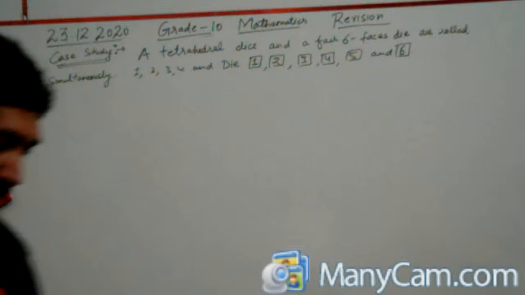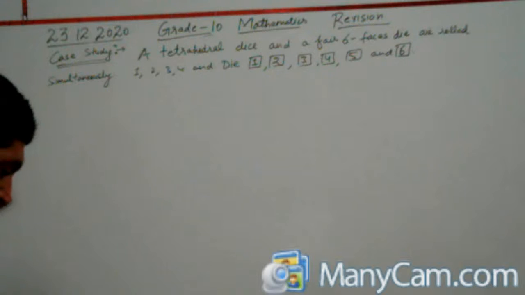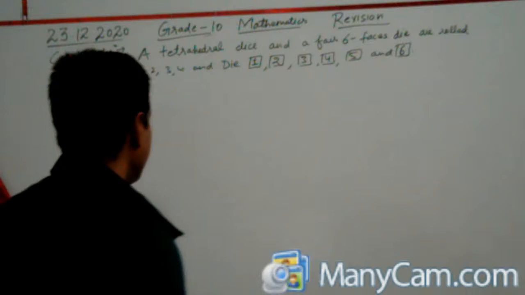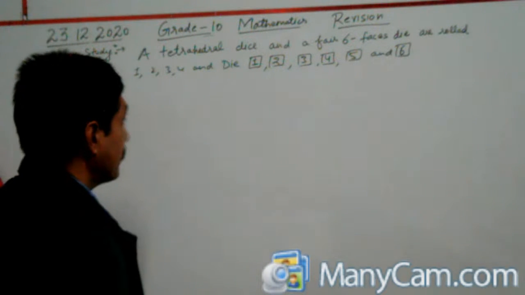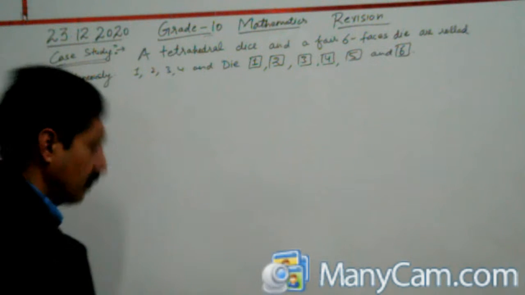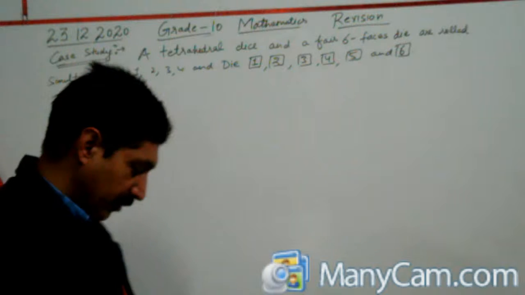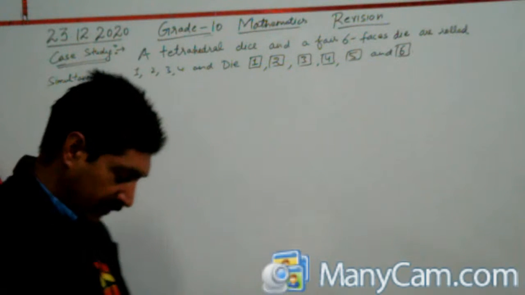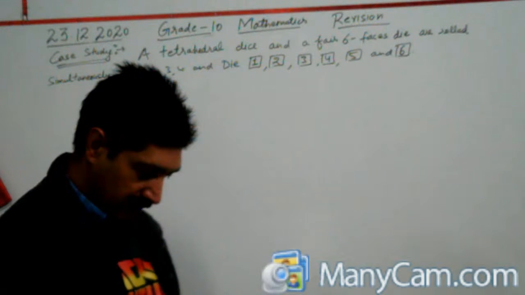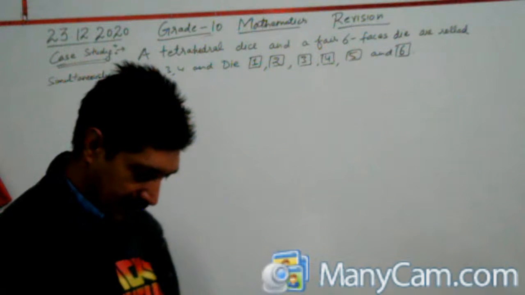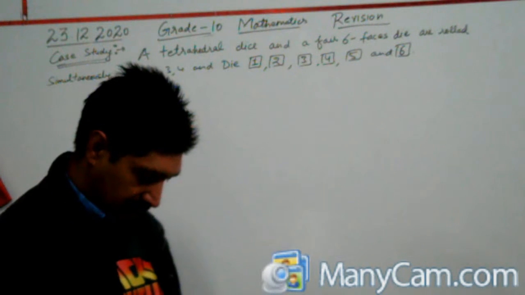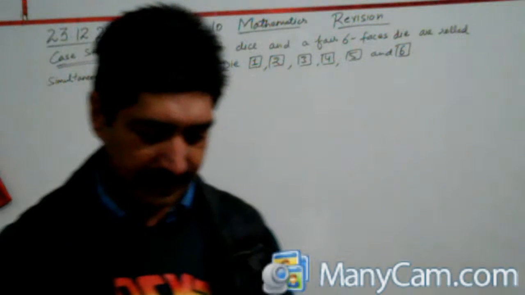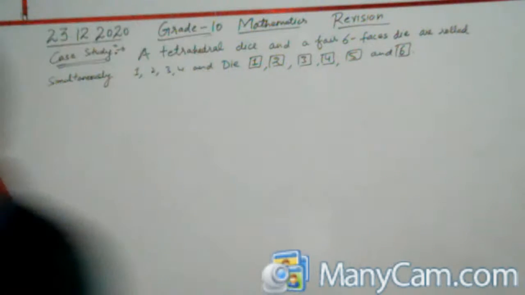What is the probability that the sum of the three scores is 8? This question is a little bit typical, so leave it.